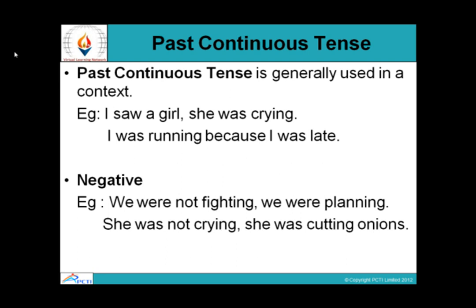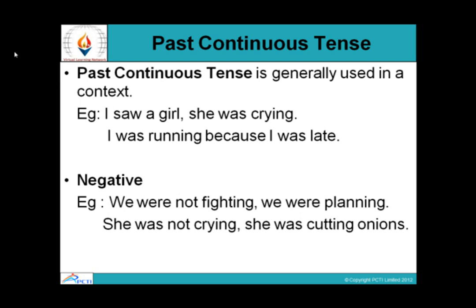If I just say she was crying, grammatically the sentence is correct, but it doesn't make much sense. So what if she was crying? How am I concerned? What are you trying to tell? Okay, but when I say I saw a girl, she was crying, it makes sense. That means I had seen the girl crying.